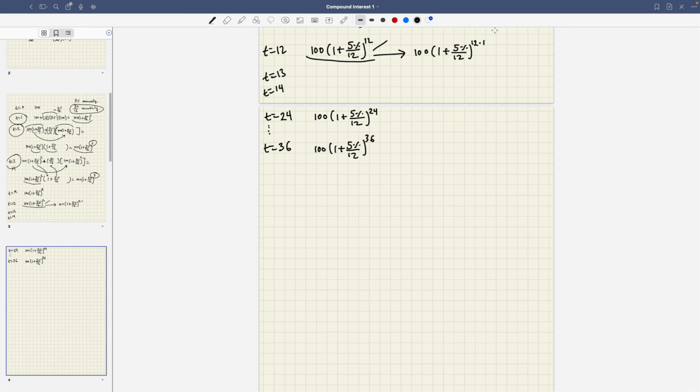So in 1 year, there are 12 iterations. And 24 iterations or compoundings is 2 years. So you can write this down as 1 plus 5% divided by 12 to the power 12 times 2. Now, nothing has changed. The exponent is still the same. 12 times 2 is still 24, same as here. All we're doing is representing this in years.